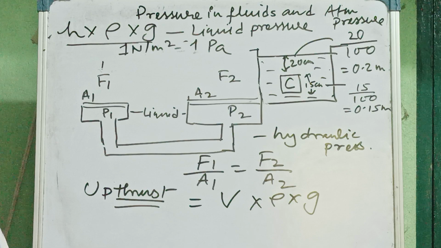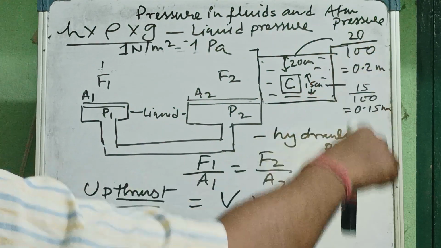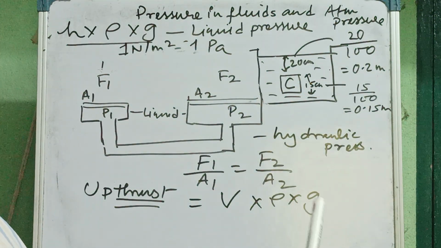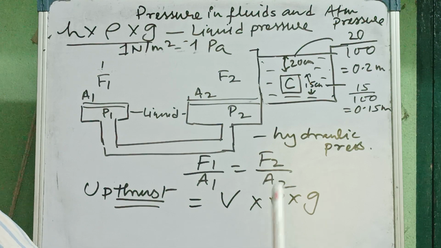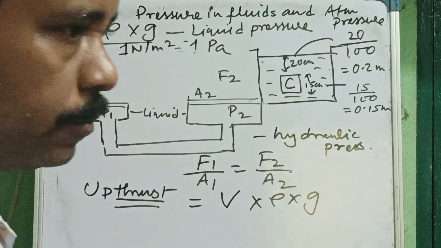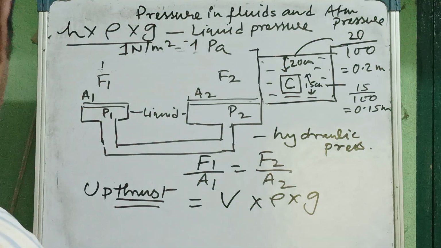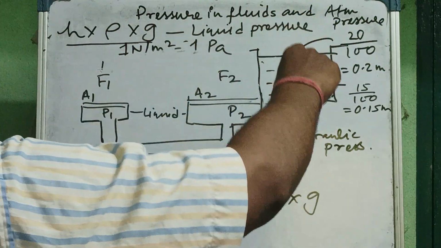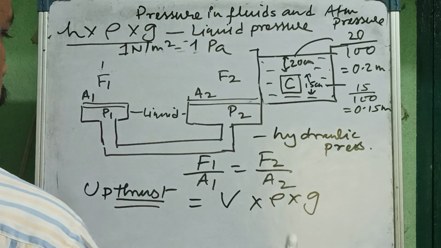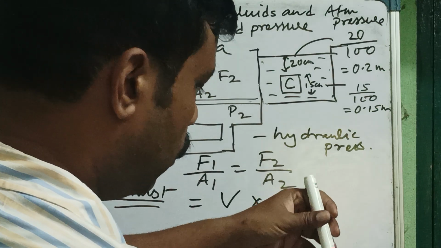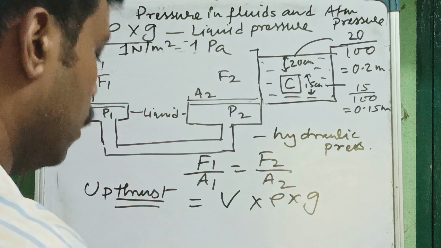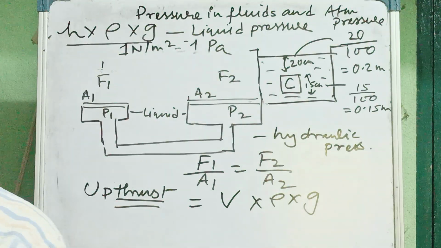Archimedes principle is that when a body is immersed partially or completely in a liquid, it experiences an upthrust, which is equal to the weight of the liquid displaced. That means the upward force acts on the body, and it equals the weight of the liquid displaced.